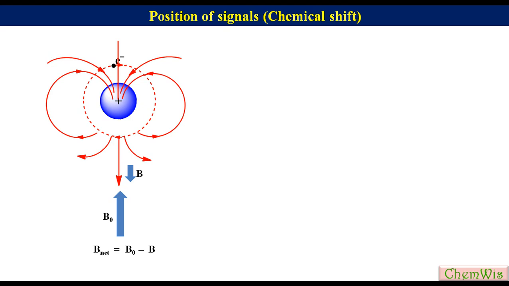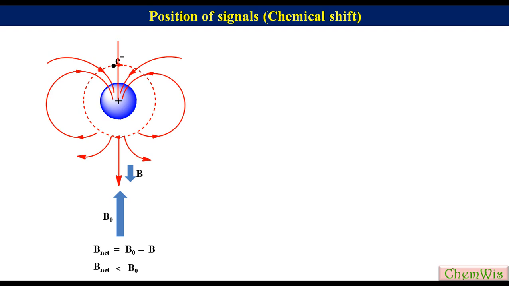Or we can say that the net magnetic field experienced by the nucleus will be less than the applied magnetic field B0. So the precessional frequency of this proton will be less than if it would have experienced B0.